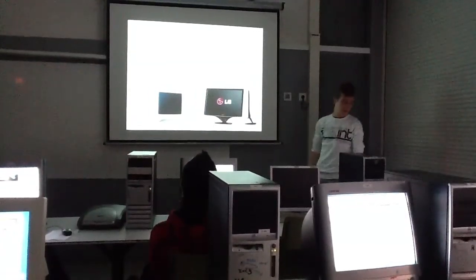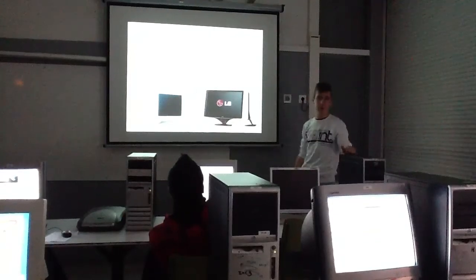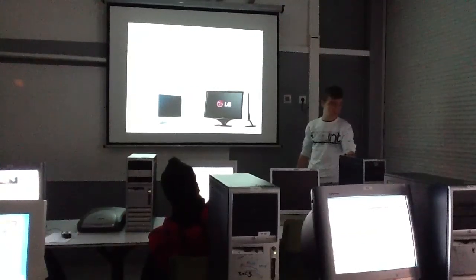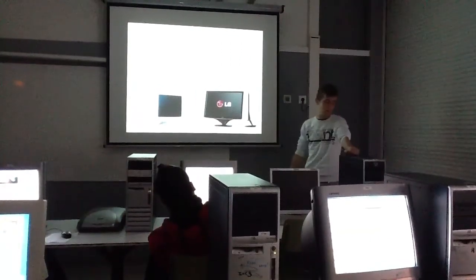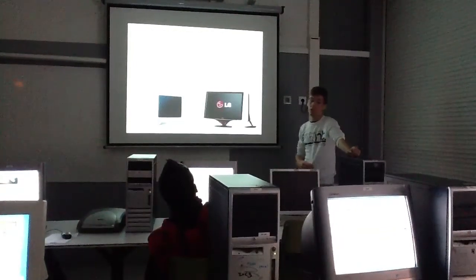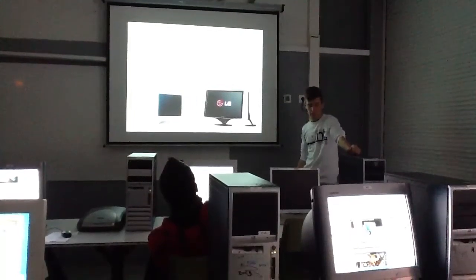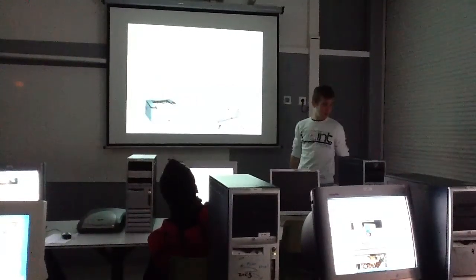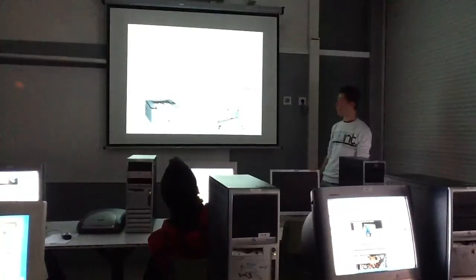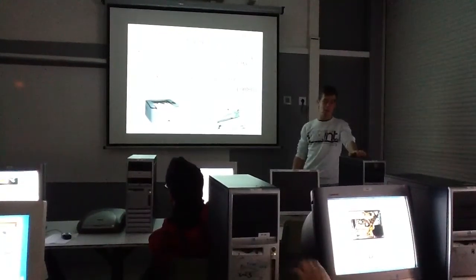The monitor hosts the screen. It allows you to see what you are doing. It displays the actions that you and the computer are doing at the moment. So it displays the ones and zeros as images, photos and documents that you can understand. The printer produces a paper copy of anything you want that is in your computer.